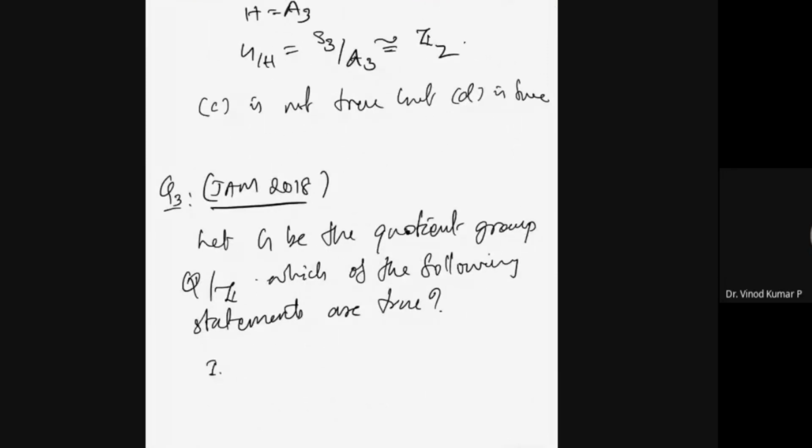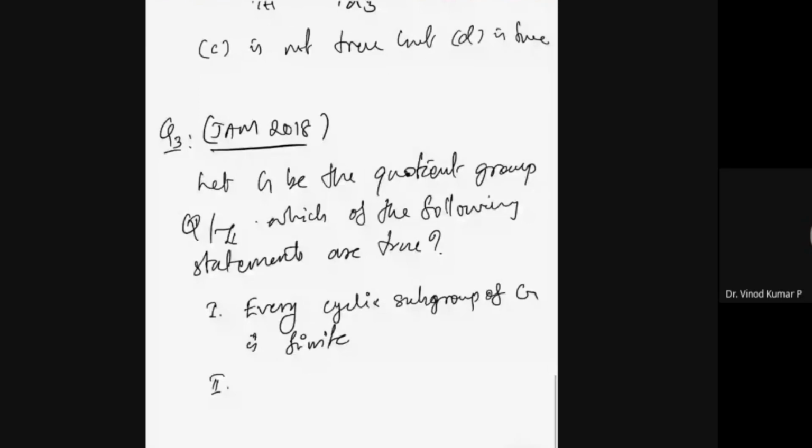The first statement is: every cyclic subgroup of G is finite. The second one: every finite cyclic group is isomorphic to a subgroup of G.